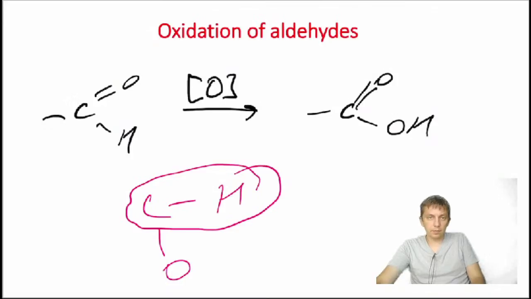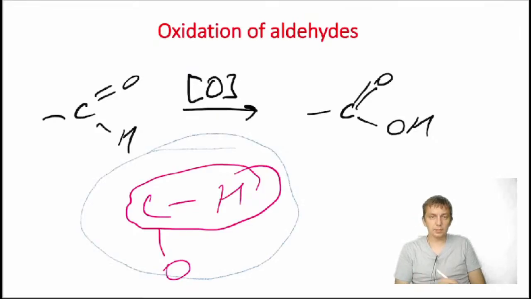And aldehydes can also be oxidized because they have a CH bond with a carbon atom which is bonded with O. So if we generalize, this fragment is a necessary part of any oxidation process. If the number of carbon-oxygen bonds increases, it's oxidation. If the number of carbon-oxygen bonds decreases, it's reduction.